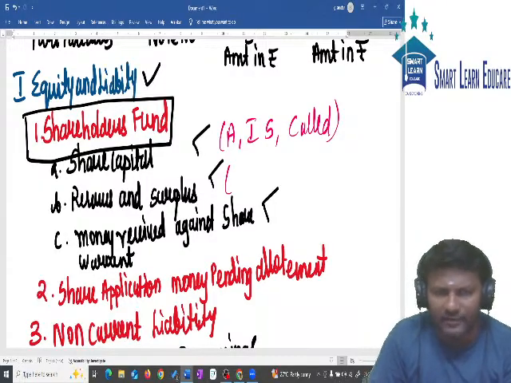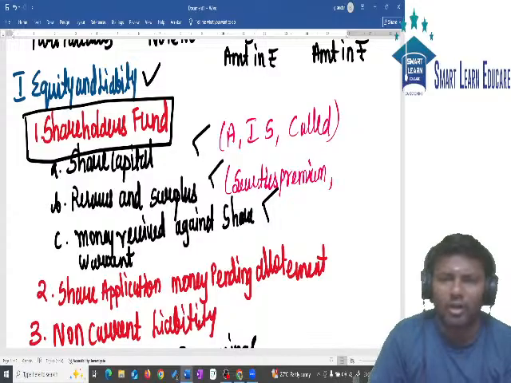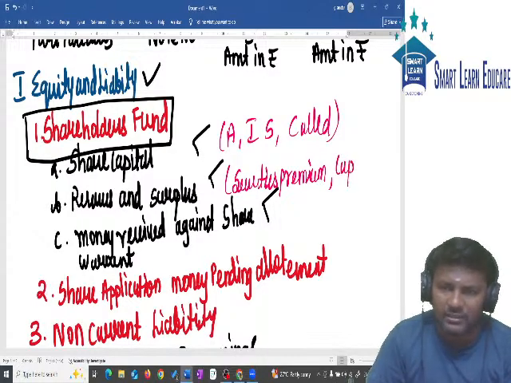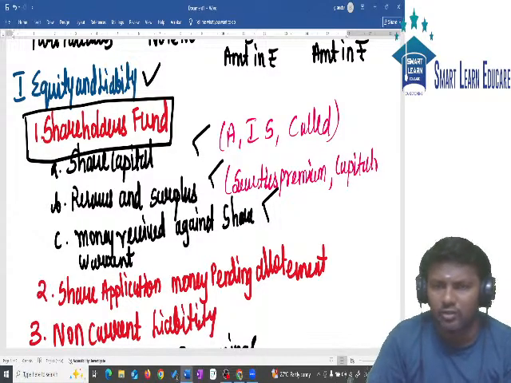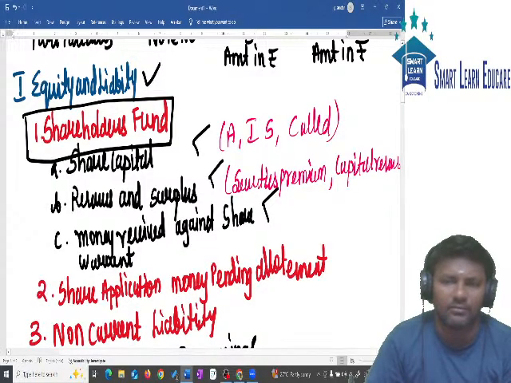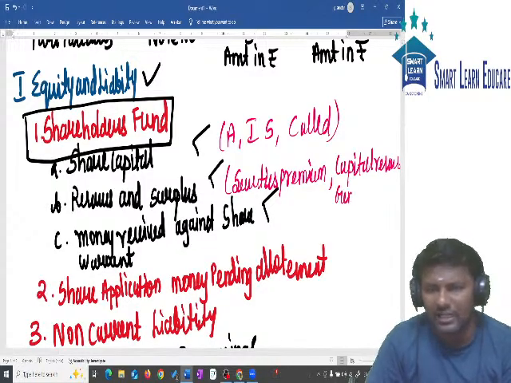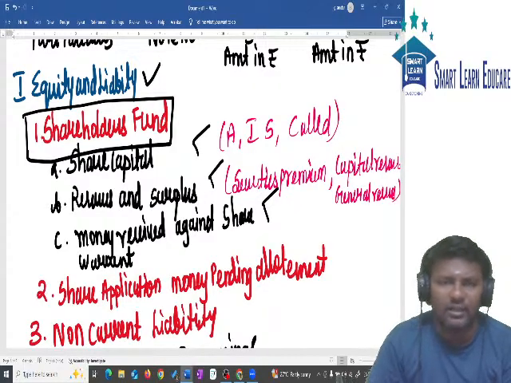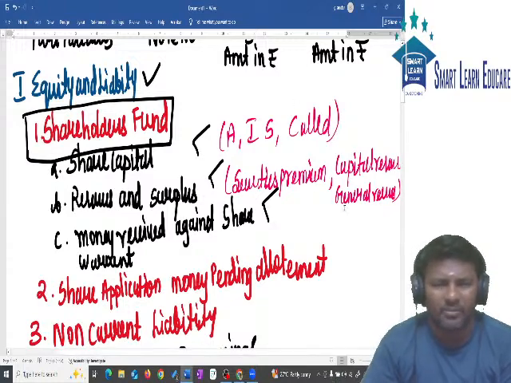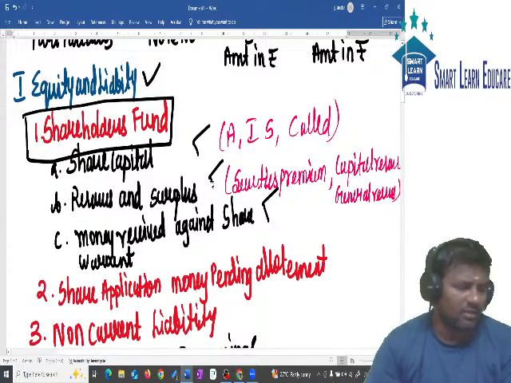Majorly securities premium, also capital reserve, also general reserve. These all come under the category reserves and surplus. Money received against share warrant, normally it is not given.